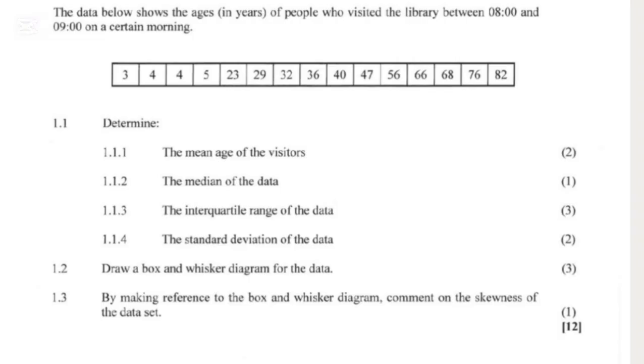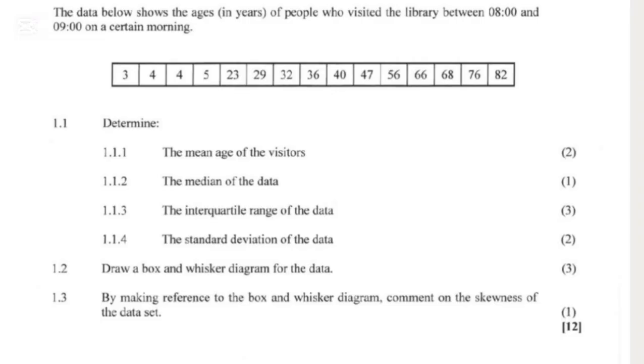we are doing question 1. Question 1 states the data below shows the ages in years of people who visited the library between 8 and 9 on a certain morning. So this data was collected on that morning.